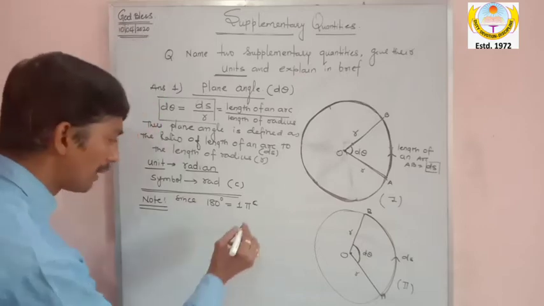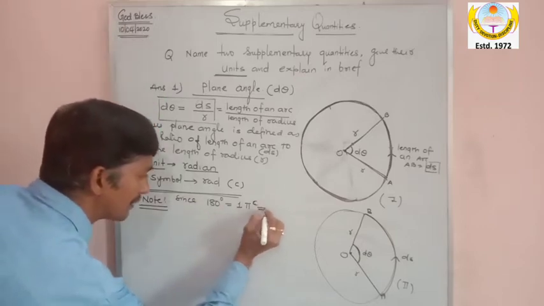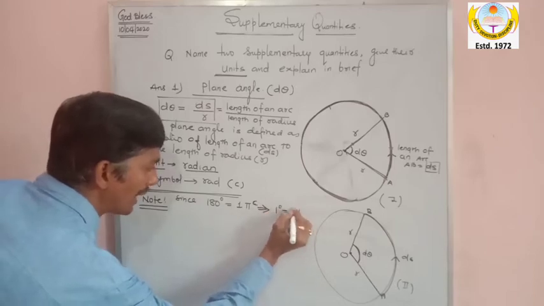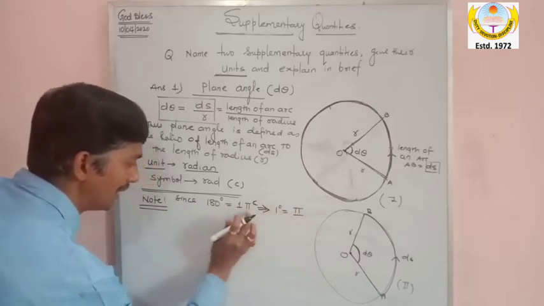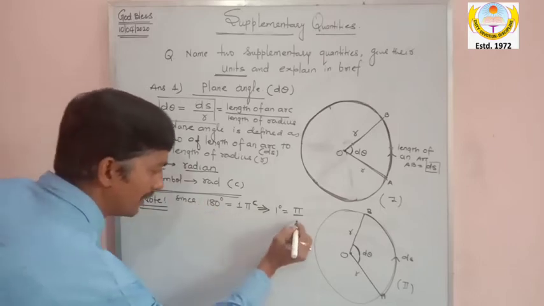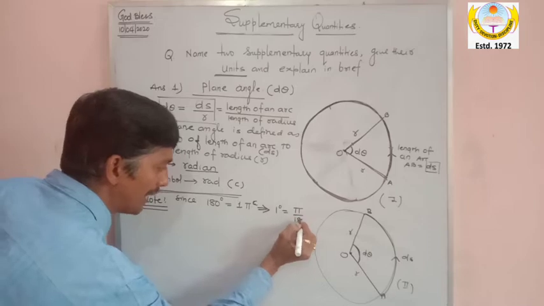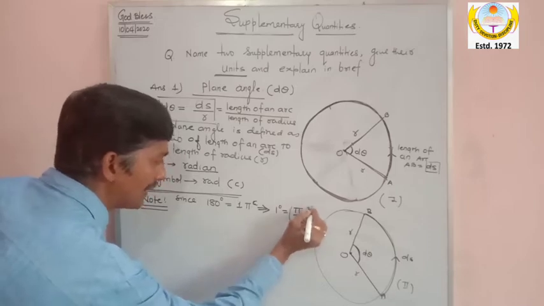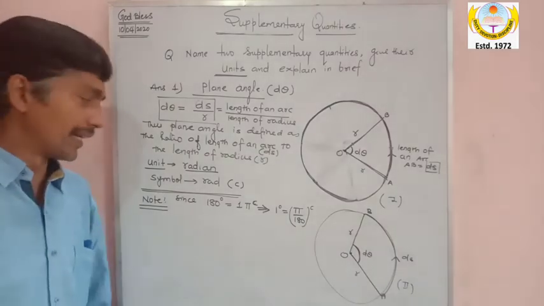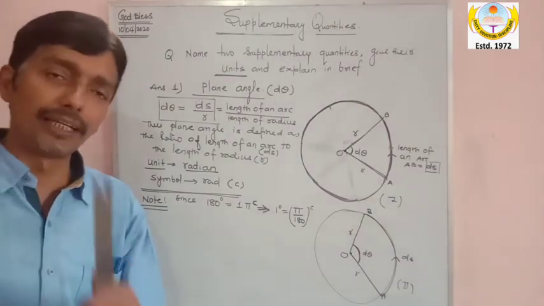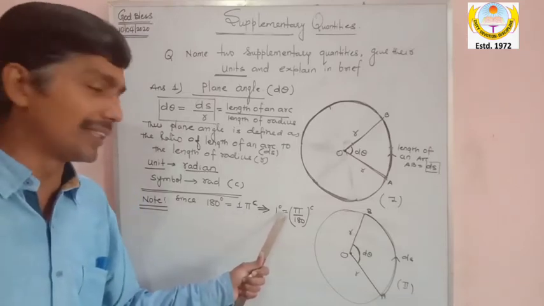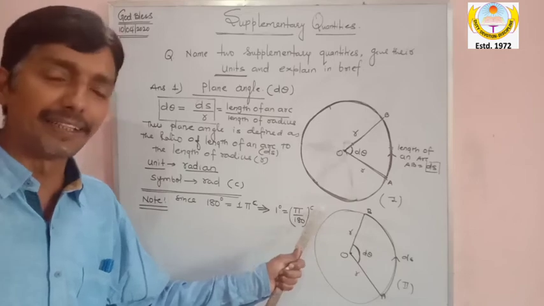This implies 1 degree is equal to pi by 180. If I keep 1 degree, this will be pi here, this will be 180, this becomes pi by 180 radian. Take care of this concept, and if you know it, it is beautiful. If 180 degree is 1 pi radian, so 1 degree is equal to pi by 180 radian.